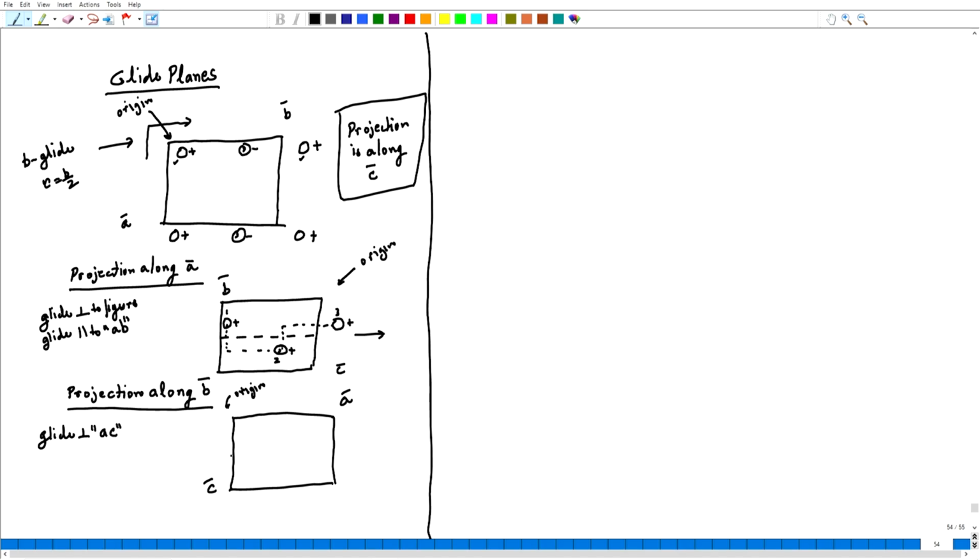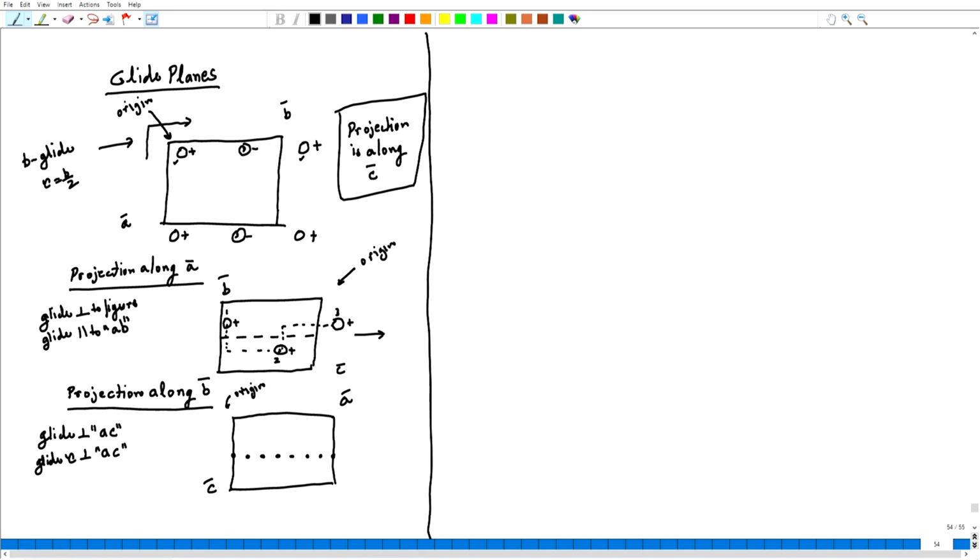Well, this would be indicated instead of a dashed line, this time a dotted line would again indicate a glide plane, but this time the glide direction is normal to the AC plane, which means the glide translation tau is perpendicular to the AC plane and along the B axis.